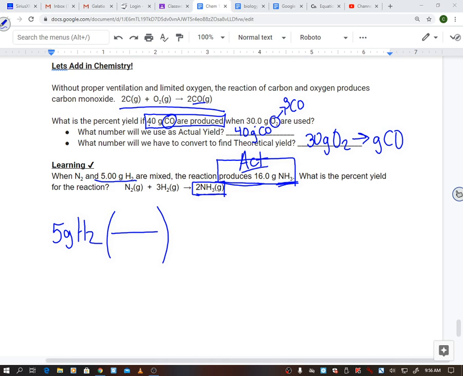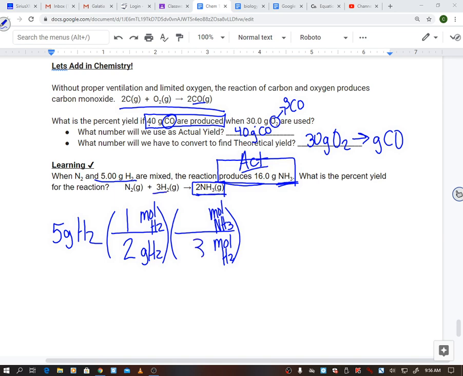It's going to be a 3-step problem because I have to go from grams of H2 to moles of H2, since I can't go straight from grams of hydrogen to moles of ammonia or grams of ammonia. Hydrogen is 1, but there are 2 of them in 1 mole. Now I can switch over to my product: moles of H2 to moles of NH3. Anytime we have a mole to mole, you're using your equation.